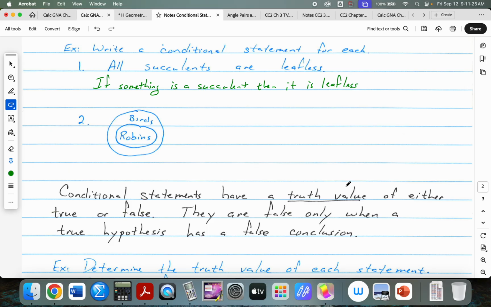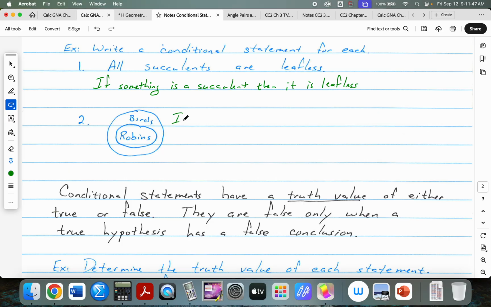So knowing it belongs to that first group means that it also belongs to the second group. By the way, cactus and other things like that are succulents. Sometimes you'll do this from a Venn diagram.